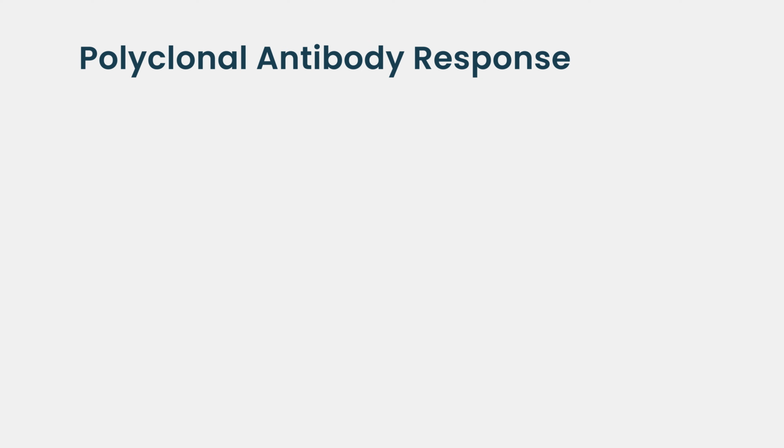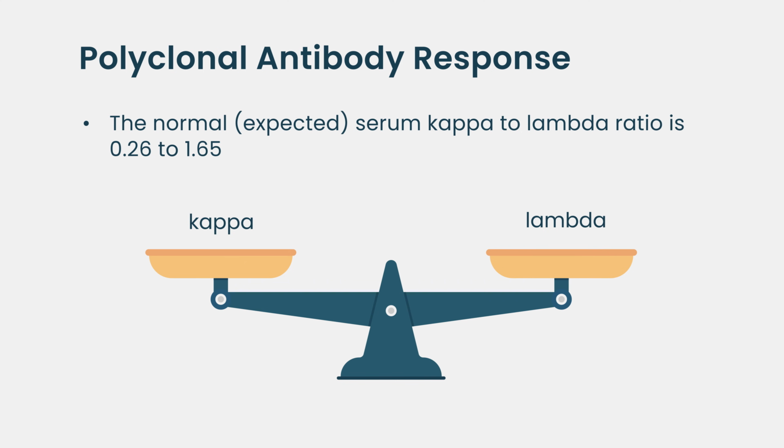And if you have a polyclonal response, meaning you don't have a clonal response, there's an expected ratio of Kappa and Lambda that can be detected, or essentially stained for, in the bone marrow and visualized.